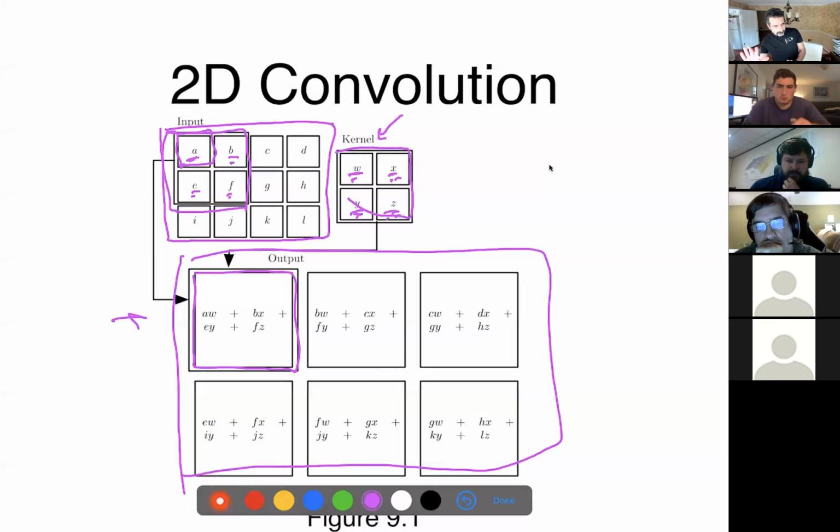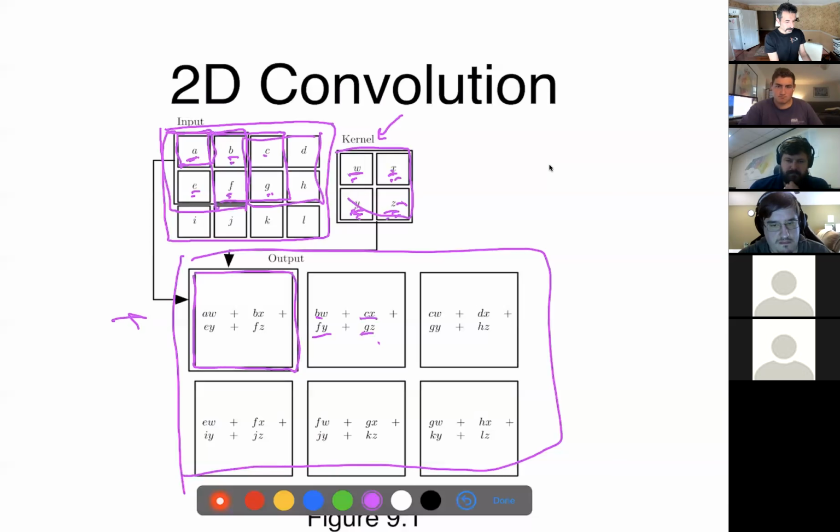You slide it here, okay, doing the same: B, W, C, X, F, Y, and G, Z. Okay, you slide it again.